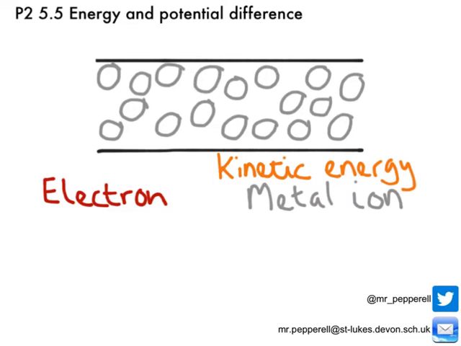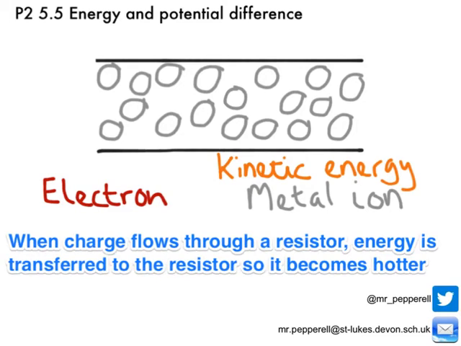So the more electrons that bang into it, the more energy is transferred, and the more it vibrates, the hotter the resistor becomes. We can summarize this by saying that when charge flows through a resistor, energy is transferred to the resistor and it becomes hotter.